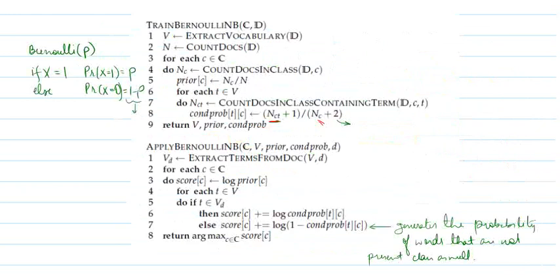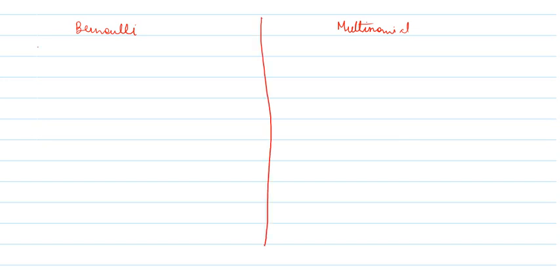Let's write it down. Number one point: Bernoulli and multinomial.